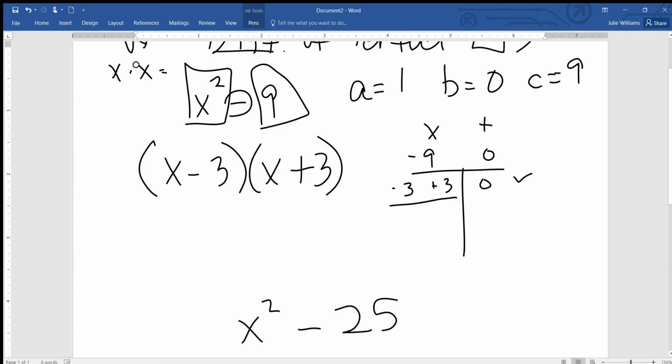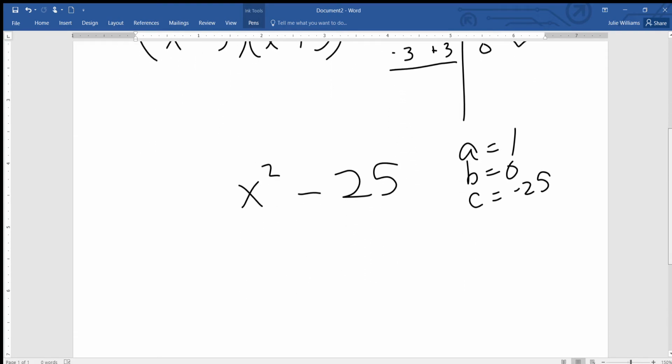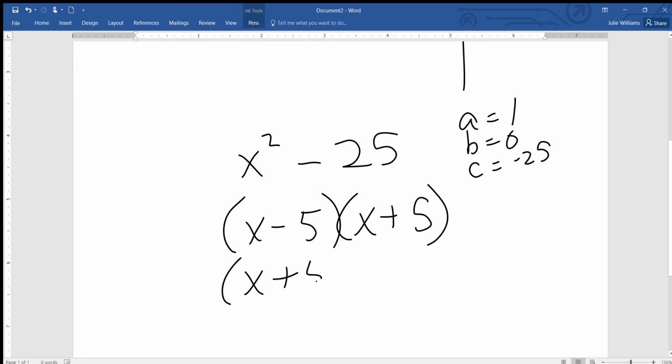You could certainly identify your A, your B, and your C, but I want you to get to the point where you don't need to when it's the difference of perfect squares. So in this case, we know it's going to be x subtract 5, x add 5. And of course you could have it the other way. Either one is fine.